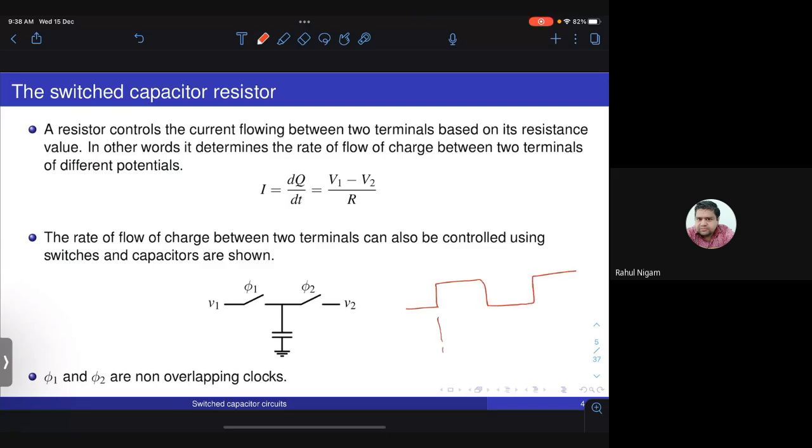There will be a small period of time when both phi 1 and phi 2 are off, and that is shown here. Both won't be on simultaneously, which means that V1 will never be shorted to V2. V1 and V2 will never be connected directly. That is achieved by non-overlapping clocks. How to do that, we will see very soon.